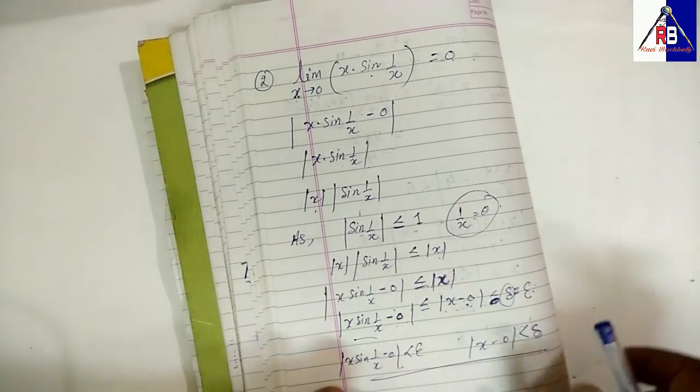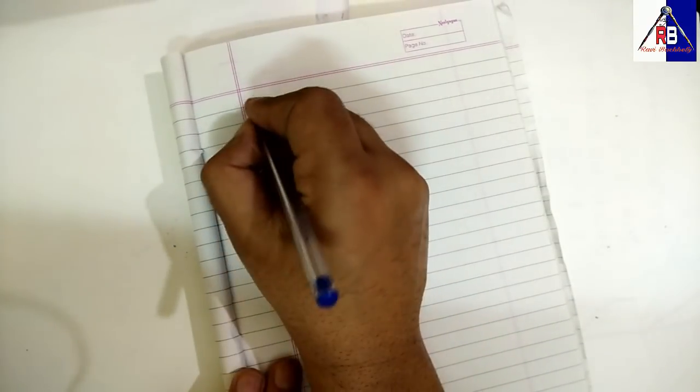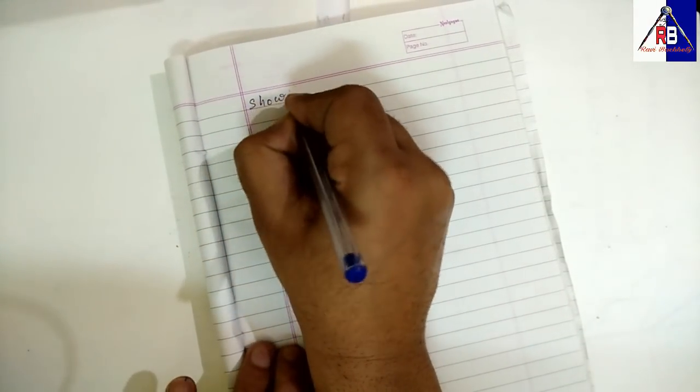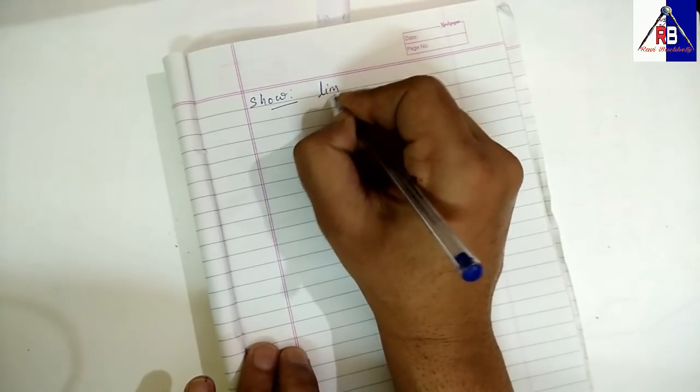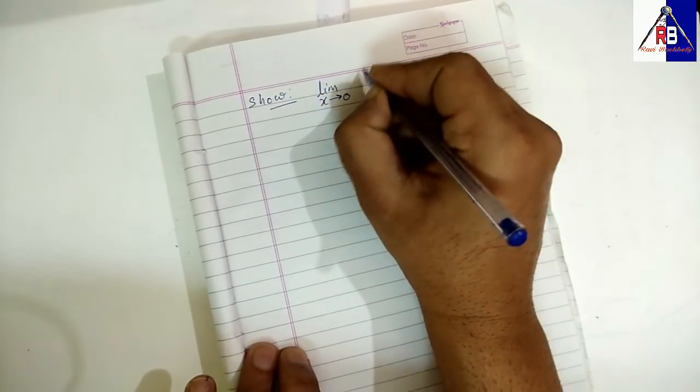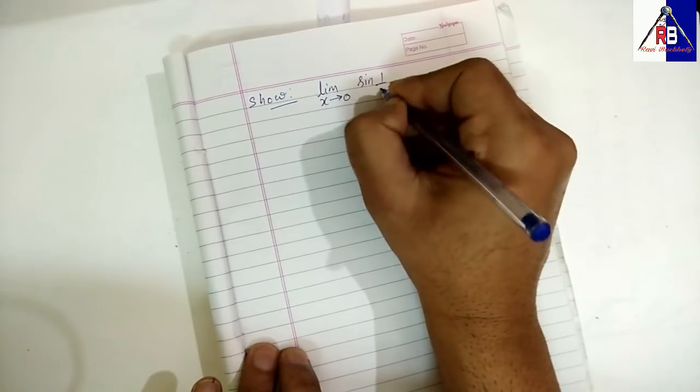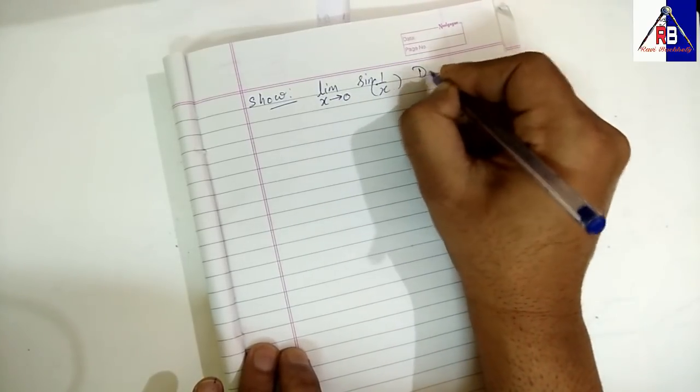Let us take one more question. Show that limit x tends to 0 of sine 1 by x does not exist.